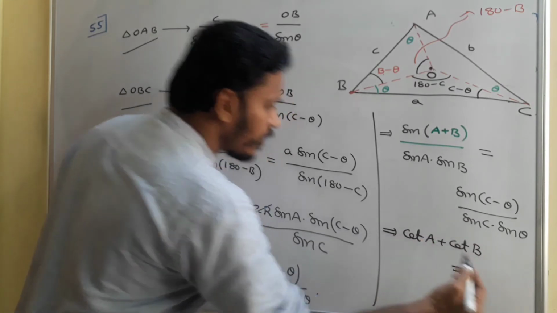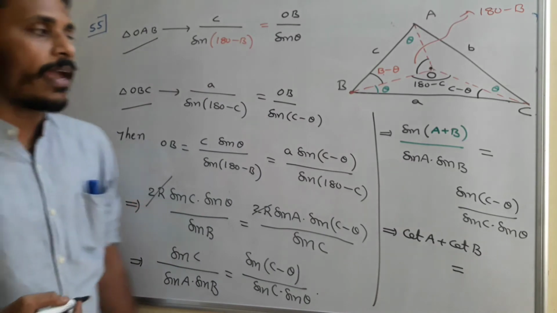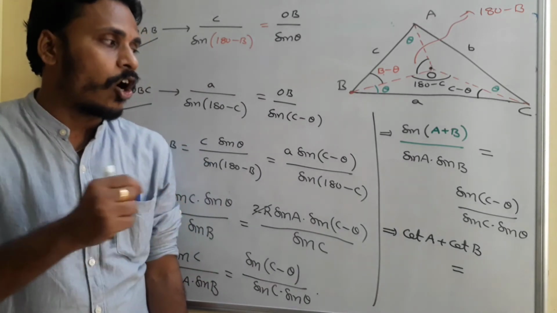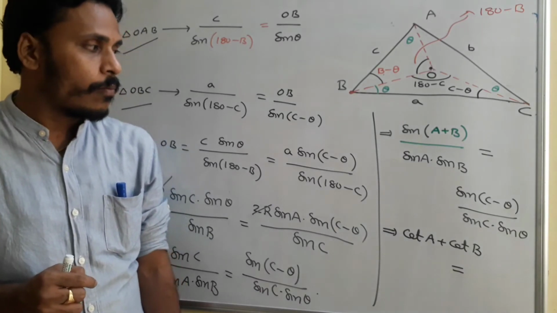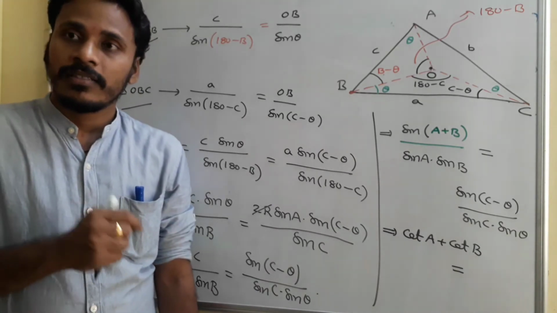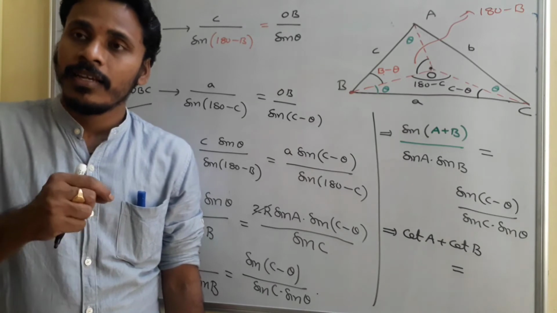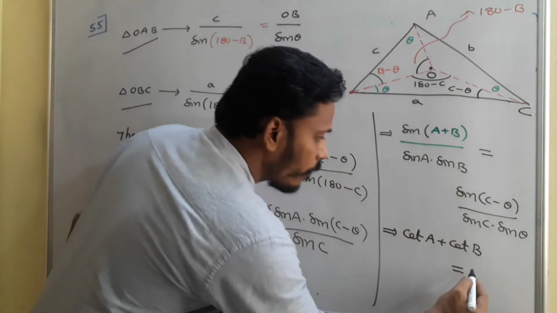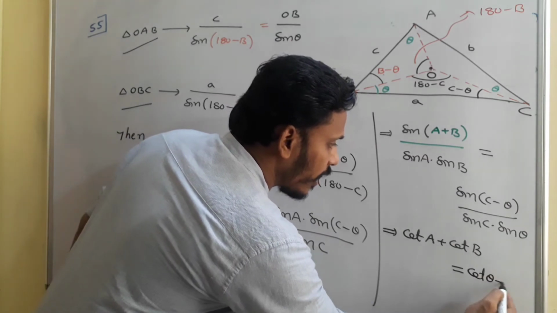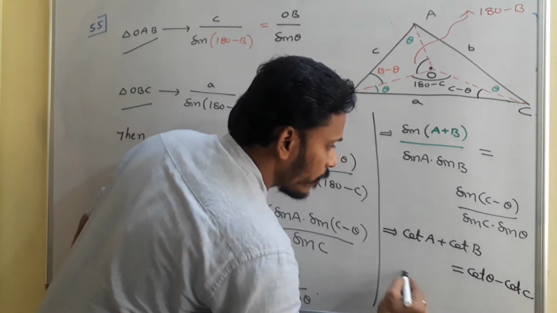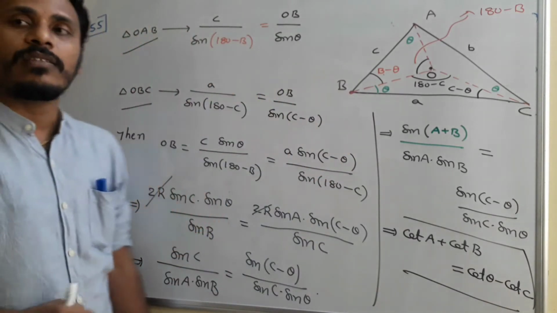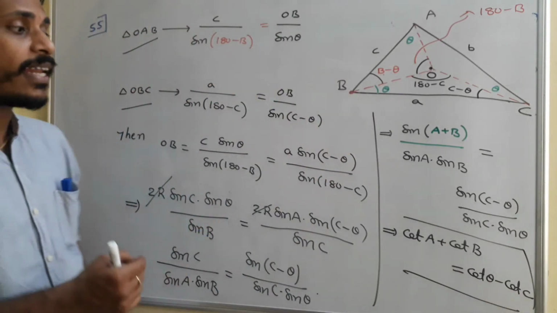This is equal to sine of c minus theta, which means sine c cos theta minus cos c sin theta. So when you divide, you will get cot theta minus cot c. At the end, this we have in our hands: cot a plus cot b is equal to cot theta minus cot c.